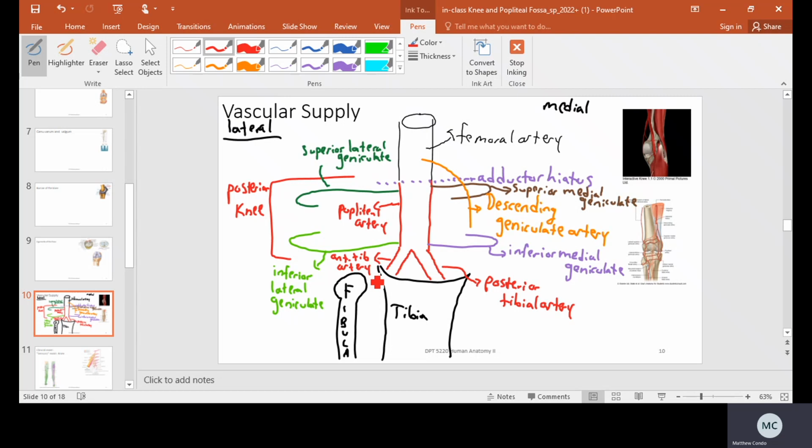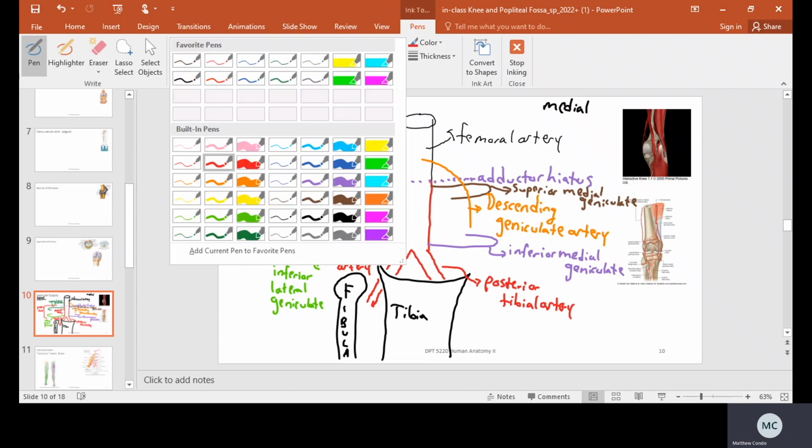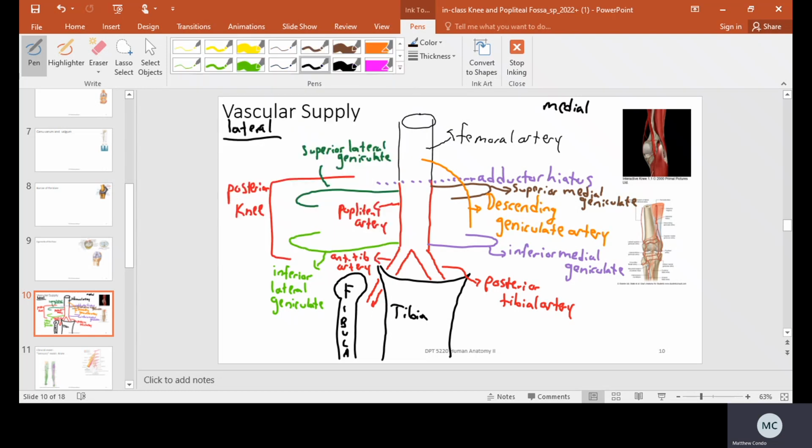But this anterior tibial artery is going to be the one for today that we're going to focus on, because it's going to continue on and it's going to pierce through something called an interosseous membrane. We already kind of encountered one of these last semester when we started talking about the difference between the radius and the ulna.